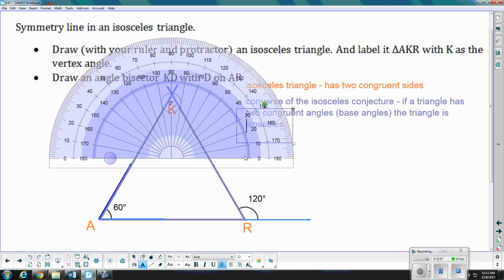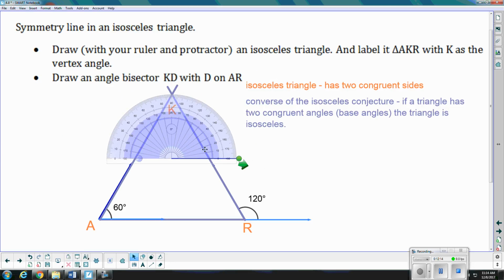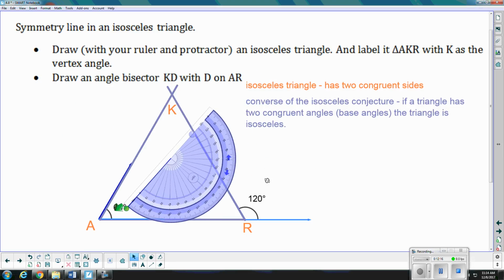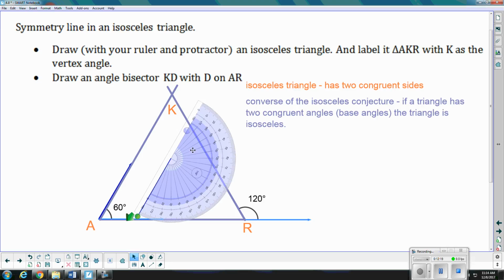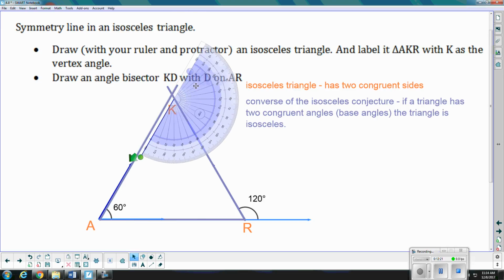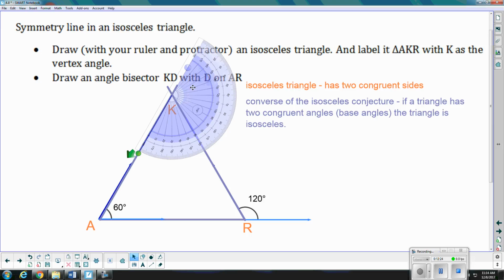So I'm going to first measure my angle. You'll have to put the perpendicular part of your protractor here so that I can actually measure this. And this measures at 60 degrees. Okay, so now if I want it to be half of that, I need it to be 30 degrees.